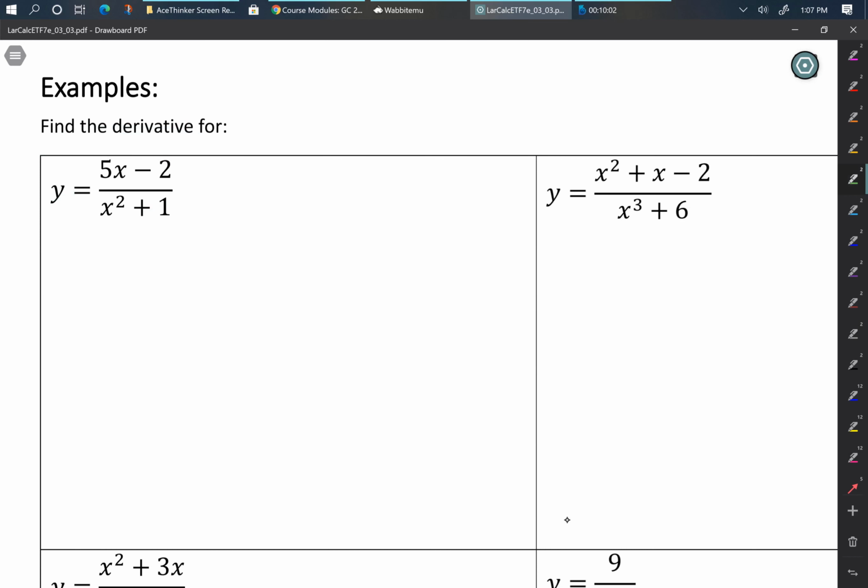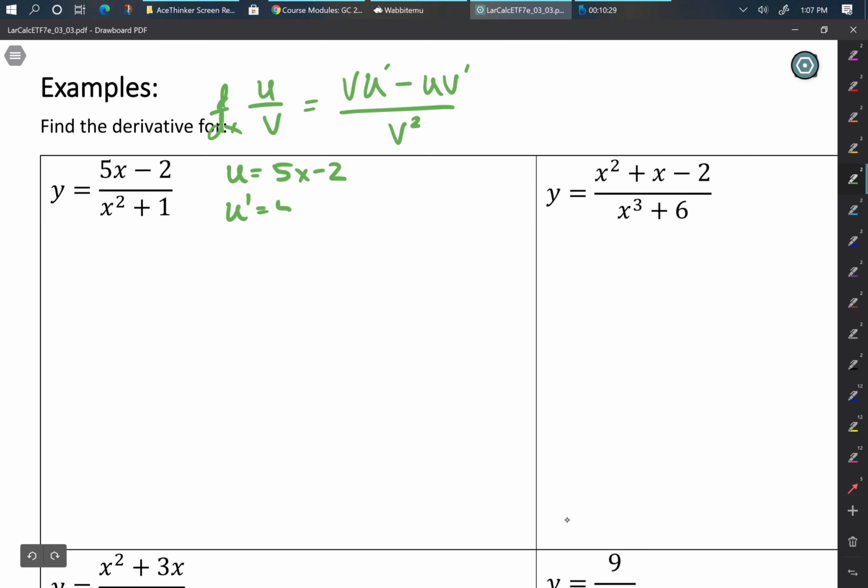Now for the first couple, I'm going to lay all the pieces and parts out, and then after that we'll try to jump right to the rule. All right, I'm going to use the u over v definition and say that the derivative with respect to x of u over v is v u prime minus u v prime over v squared. My u is 5x minus 2, so then my u prime is 5.